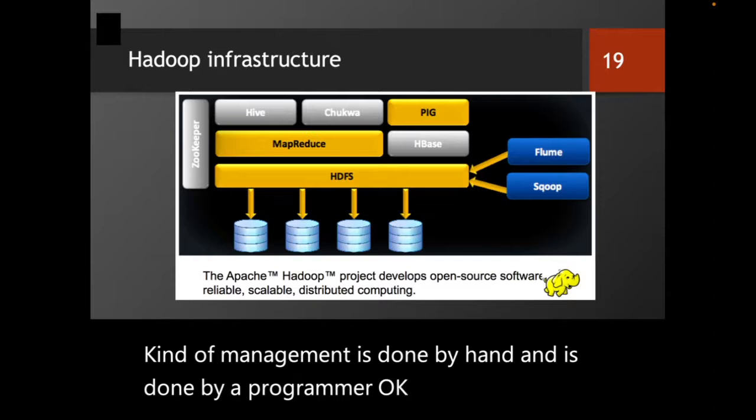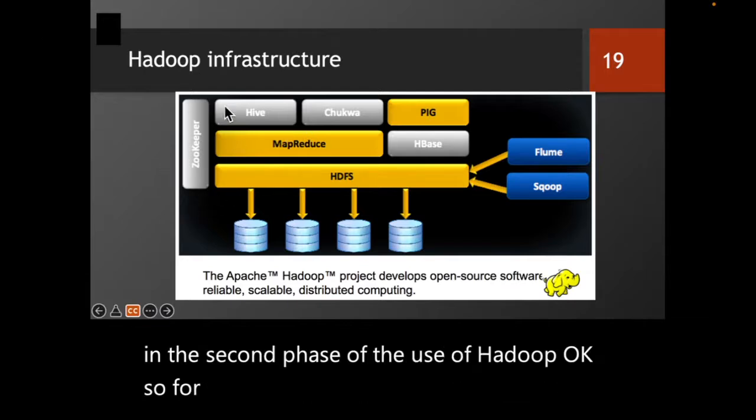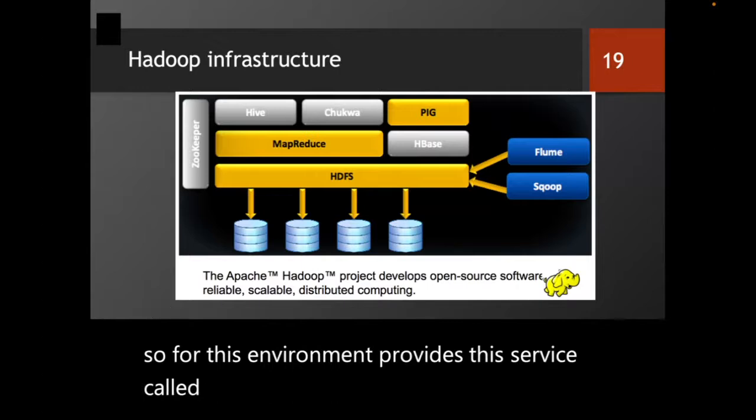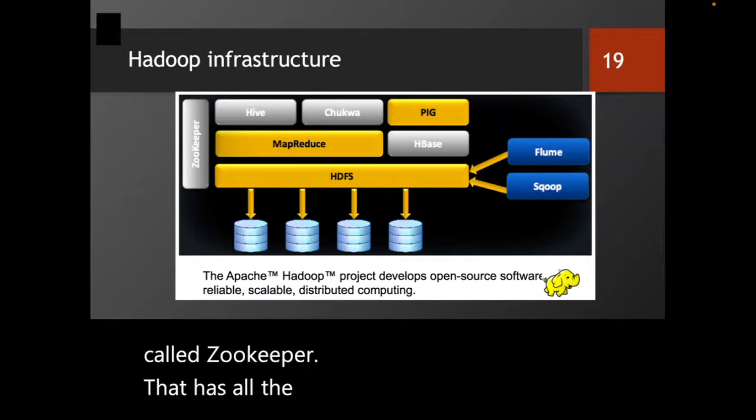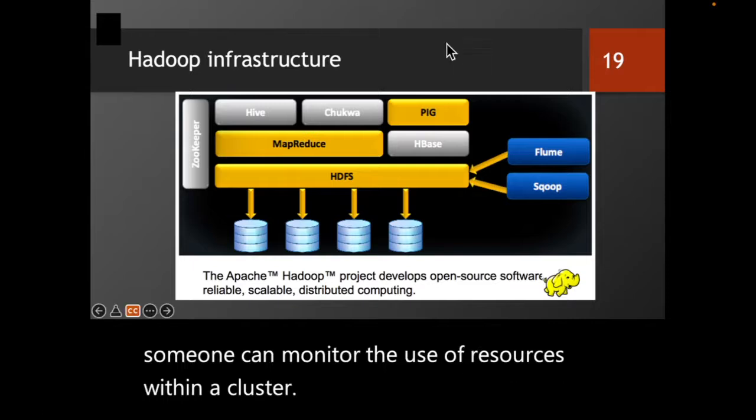So it's done by you in the second phase of the use of Hadoop. For this, this environment provides a service called Zookeeper that has all the necessary libraries so that someone can monitor the use of resources within a cluster.